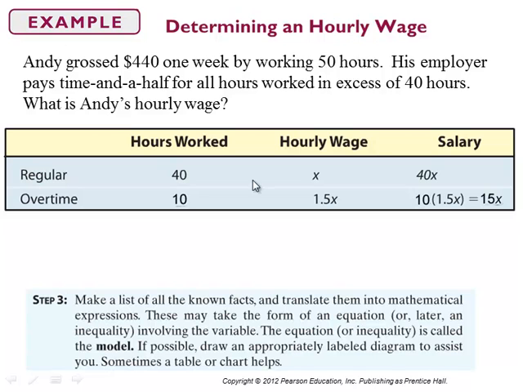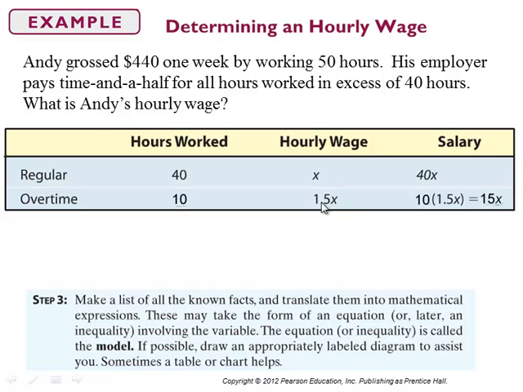And now we can create a little table if you want. It doesn't have to be this fancy. But we should recognize that whatever his hourly wage is, X, well, 40 times X is going to be equal to his normal weekly salary if he's not working overtime. But for every hour that he's working overtime, in this case 10 hours, he'll get paid time and a half.